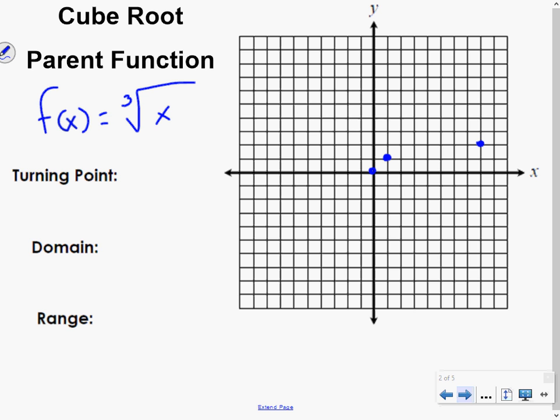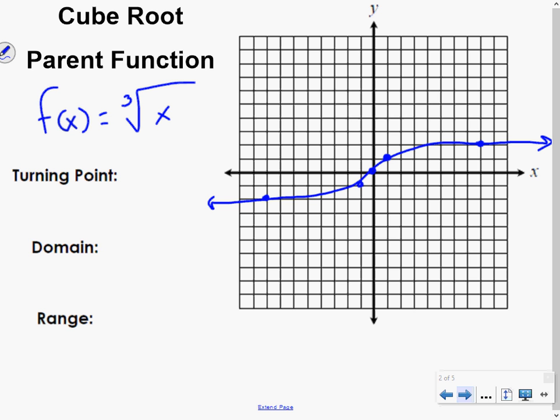So the right half of my graph looks like this, kind of like a square root. But the difference is I can also cube root negatives. If I cube root negative 1, I get negative 1. If I cube root negative 8, I get negative 2. So the left half of the graph looks like this.